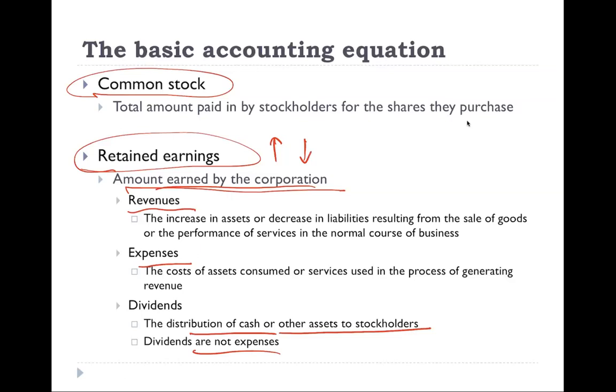The difference between revenue and expense is net income. So after the firm has calculated its net income, the firm may decide to take some money out of its net income and distribute it to the firm's stockholders. And that is called dividend. Dividend is going to decrease the firm's retained earnings as well.